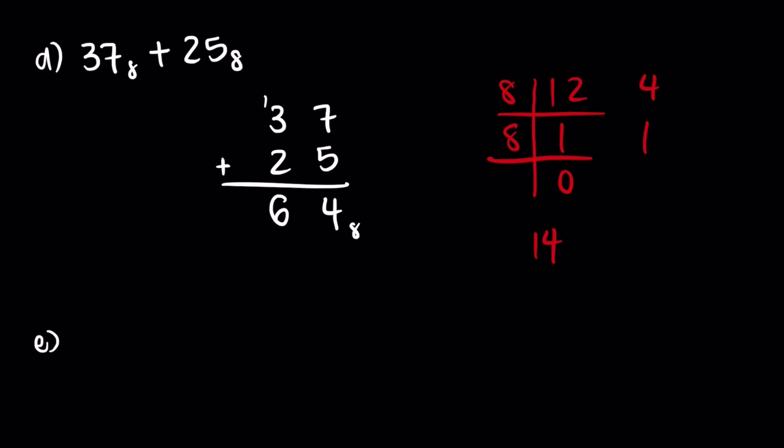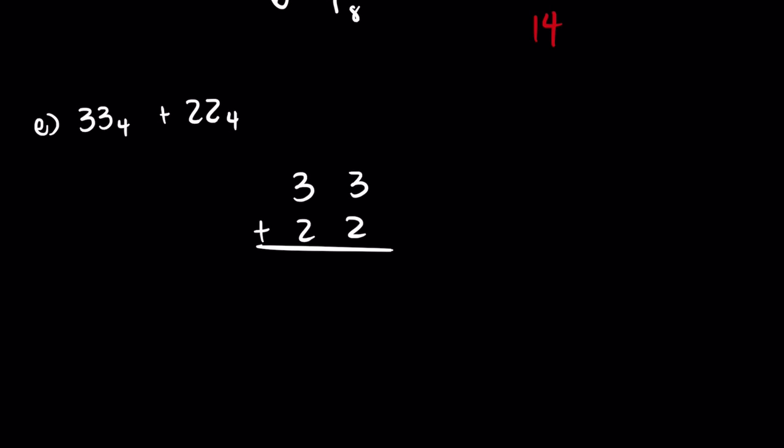Last example, 33 base 4 plus 22 base 4. 3 plus 2 is 5, which isn't a valid digit in base 4, so we change this. 5 divided by 4 is 1, remainder 1. 1 divided by 4 is 0, remainder 1. So we have 11.